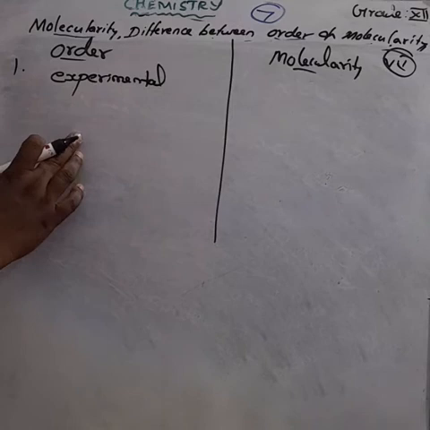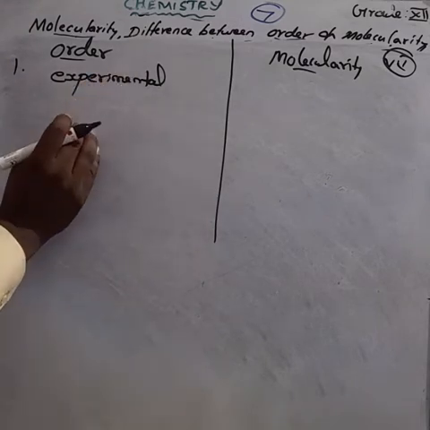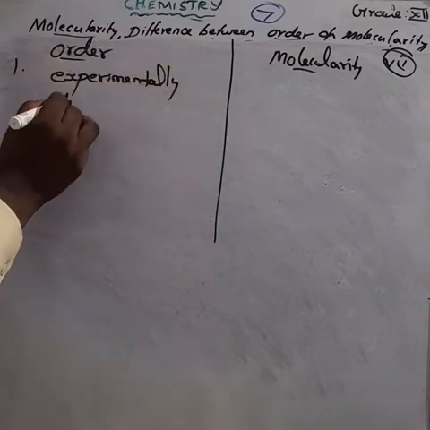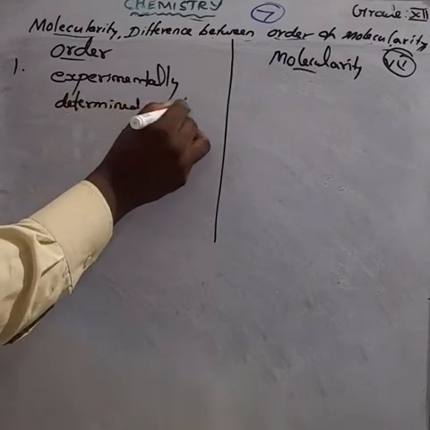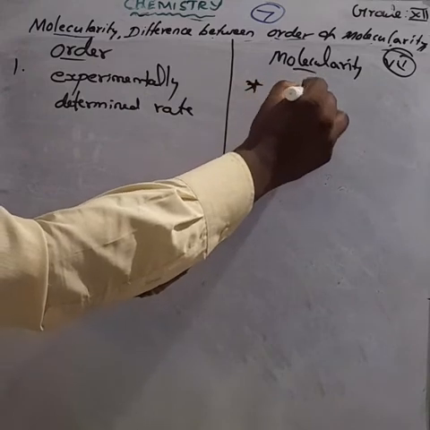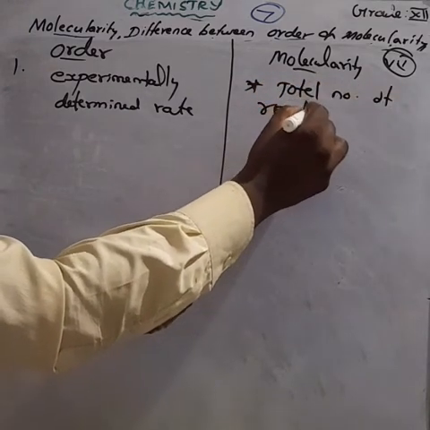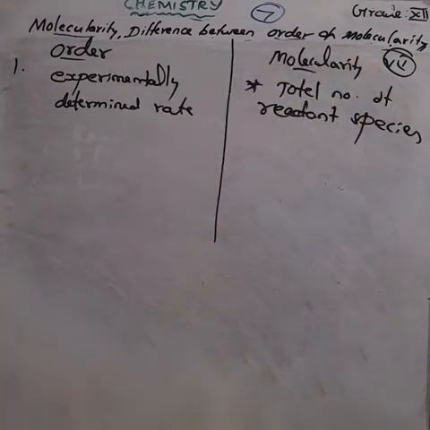It is the sum of powers of concentration terms involved in the experimentally determined rate law. Molecularity means the total number of reactant species that are involved in the chemical reaction. That is about the order of the reaction and the molecularity of the reaction.